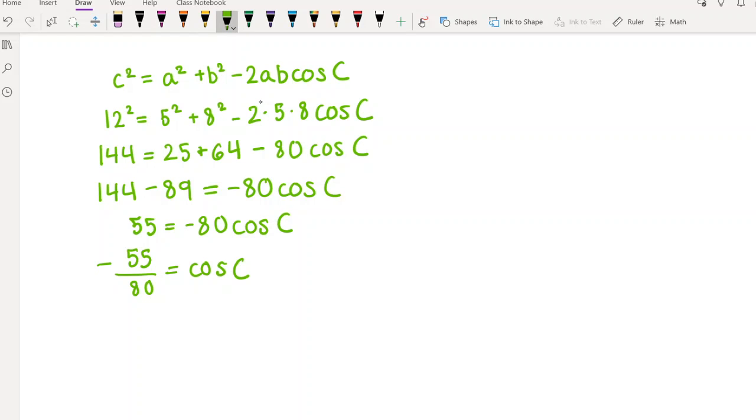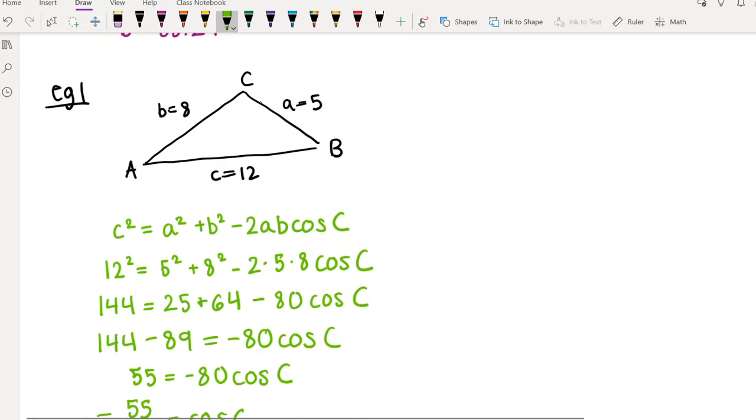You might look at this and say, whoa, wait, is something wrong? It's negative, but it's actually okay. Let's look back at what this picture looks like. C is the biggest side, and so C is going to be the biggest angle. Based on the rough sketch I made, it looks like C is going to be bigger than 90 degrees.